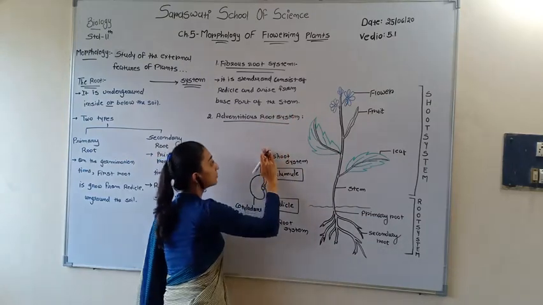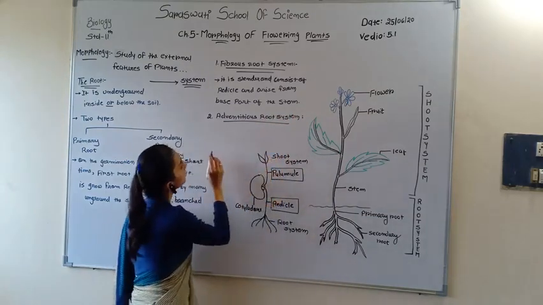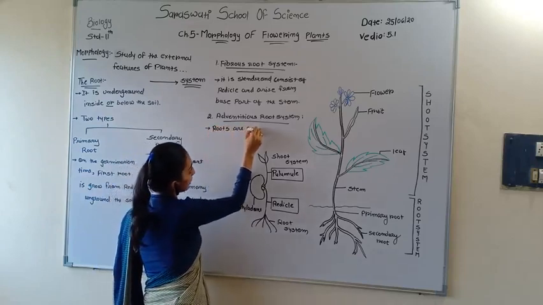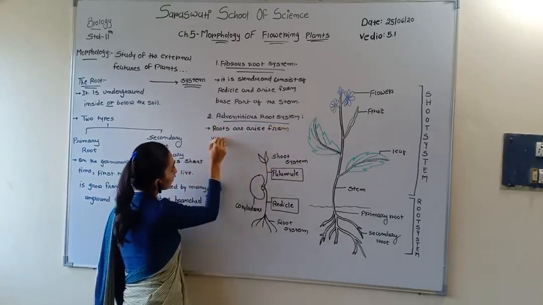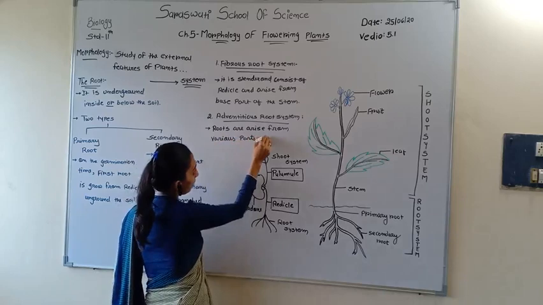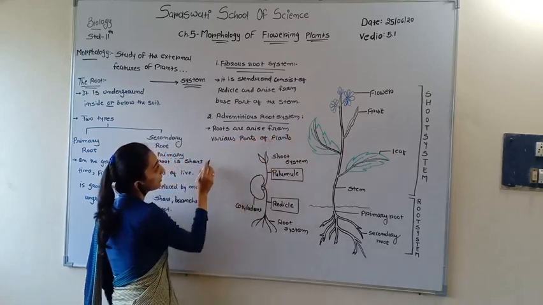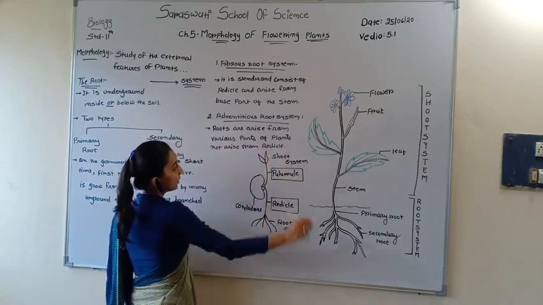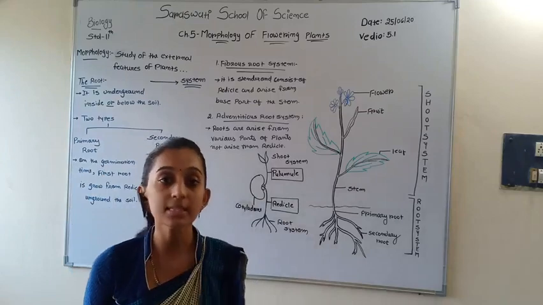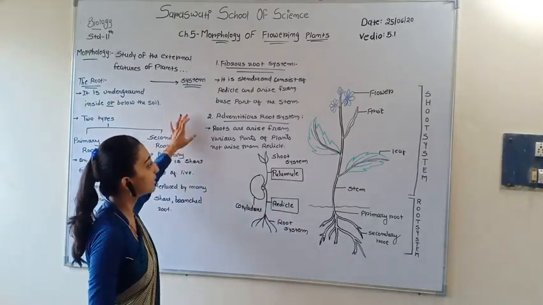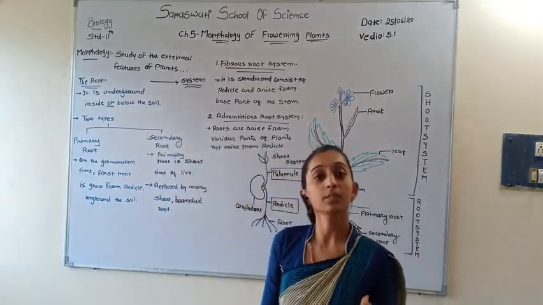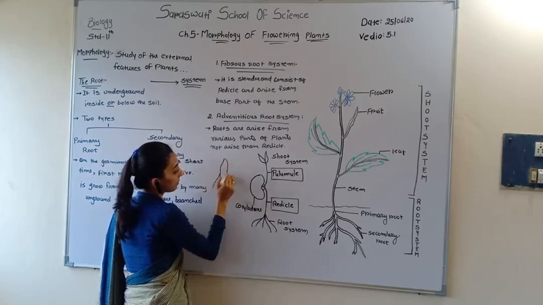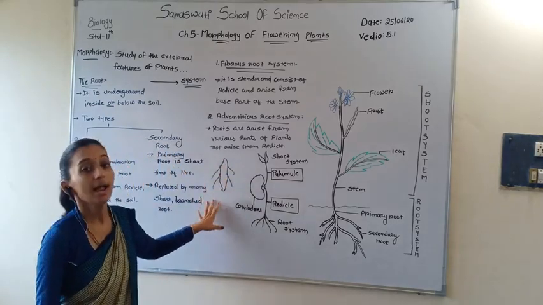In some plants, the roots arise from various parts of the plant, not from the radical. Roots arising from any portion of the plant other than the radical are called adventitious roots. For example, beet and sweet potato. In sweet potato you can see this type of roots arise. It is known as adventitious roots.